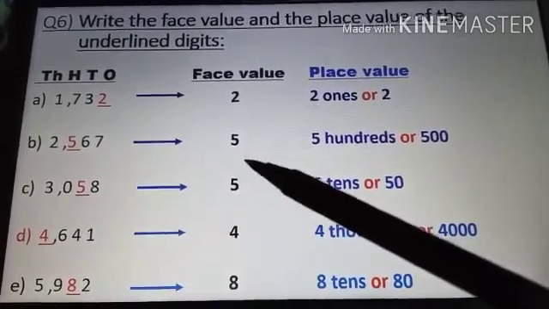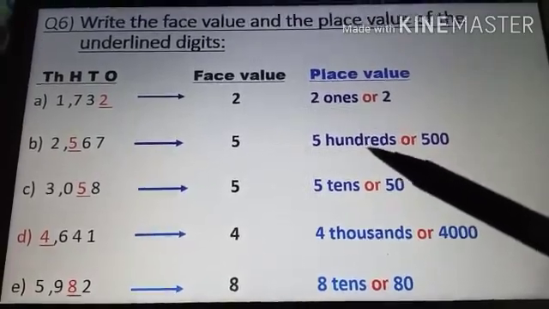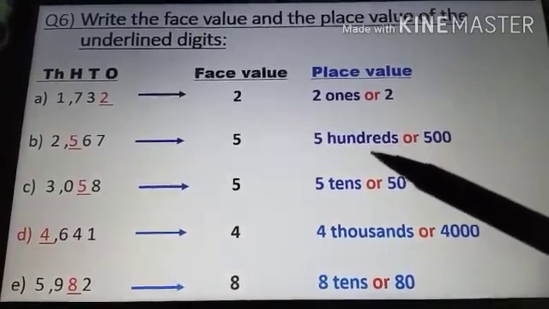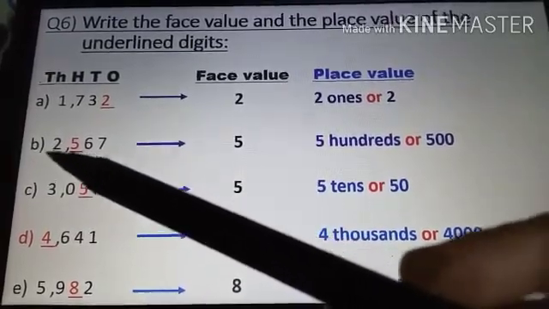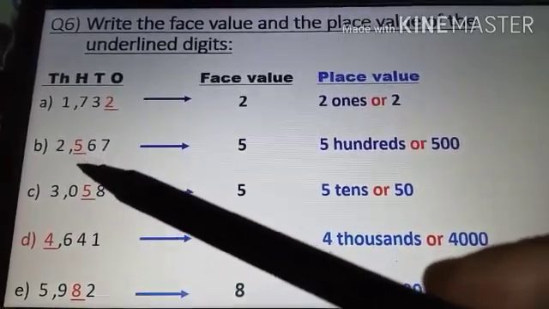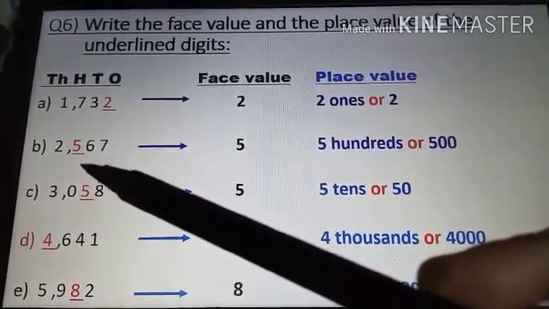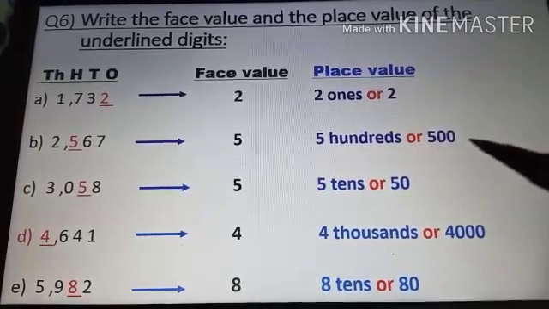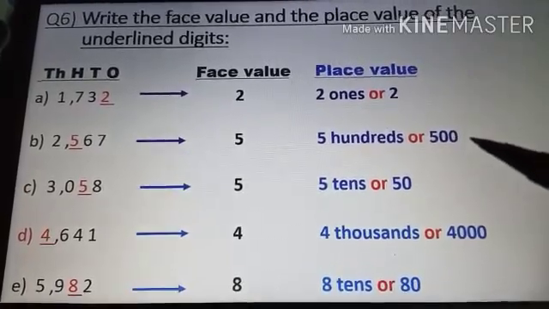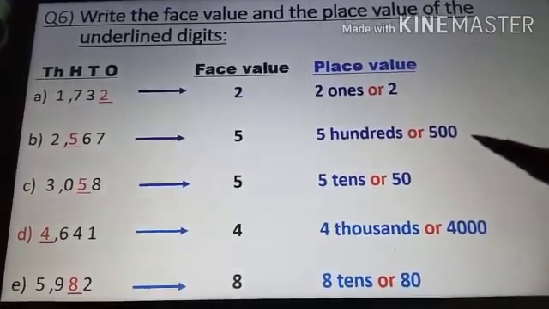Okay? But to get the place value, we will go through the place value chart. Read it: ones, tens, hundreds, thousands. So 5 is placed at the hundreds position. So we will write here 5 hundreds, or in the numeric form you may write 500, that is 500.